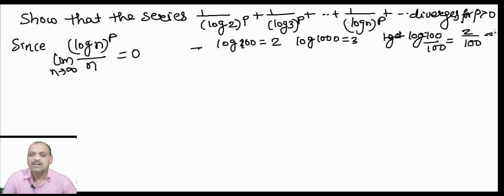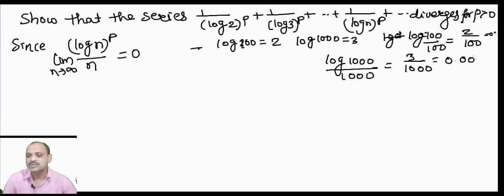Similarly log of 1000 divided by 1000 is equal to 3 divided by 1000, which is 0.003.